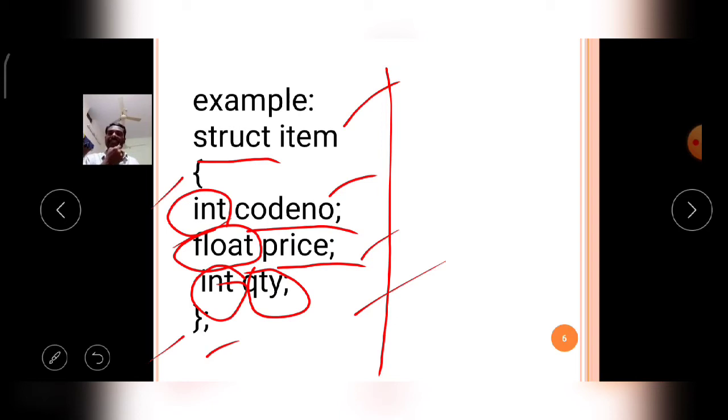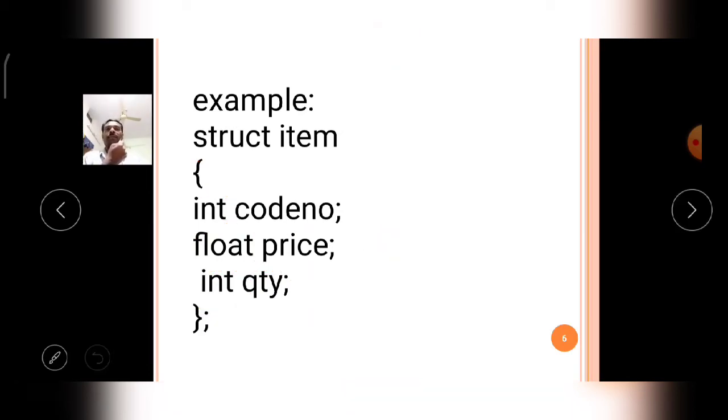That means there can be n number of structure members. First rule. Second rule, the structure members may be of similar data type or different data types. Okay, like that the structures are constructed by the user with the help of the user defined data type concept. Okay, so the structure variables are constructed in the program.